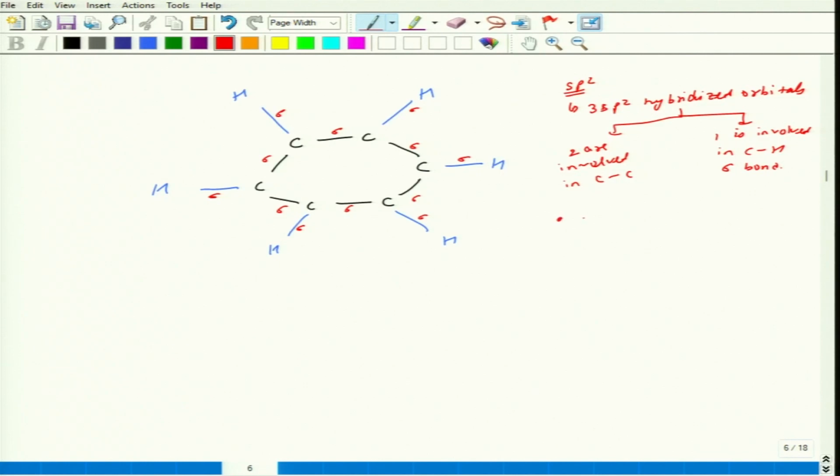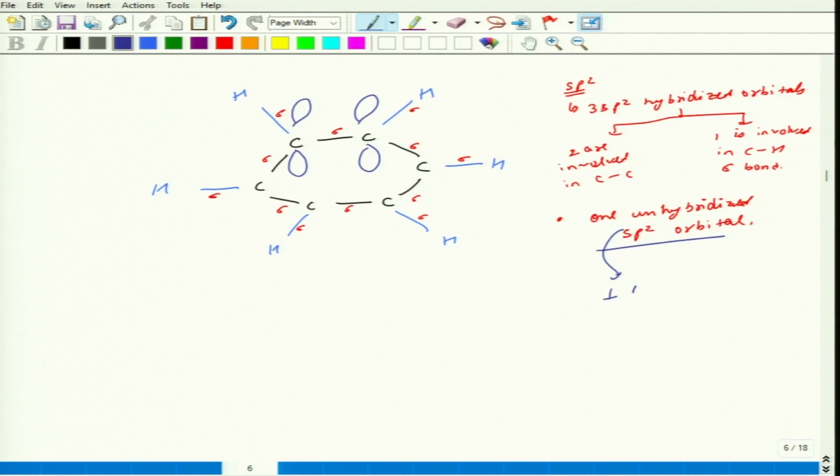Now, each carbon also contains one unhybridized p orbital, and this unhybridized orbital is perpendicular to the neighboring one. So, it makes a double bond with this.